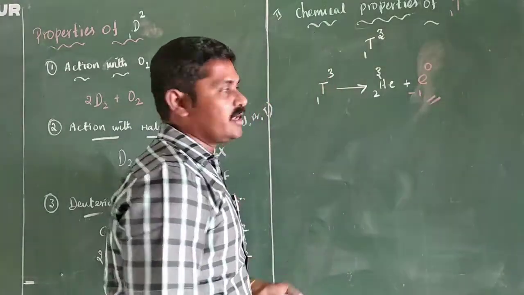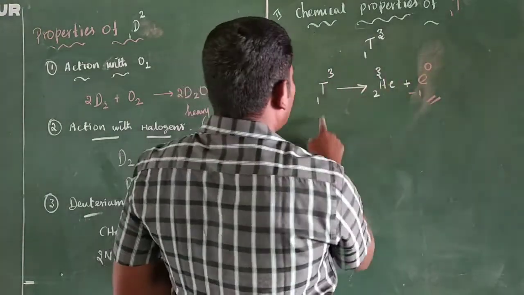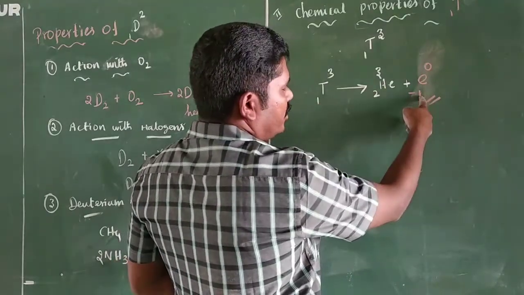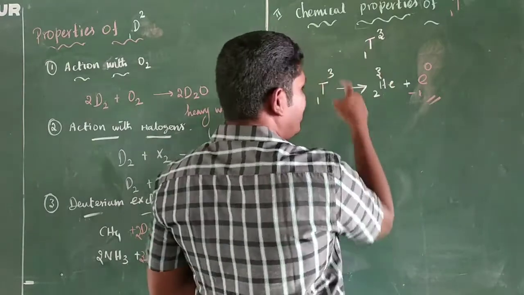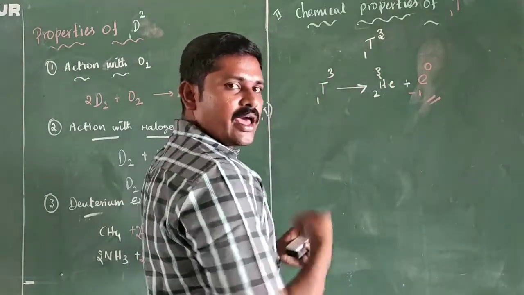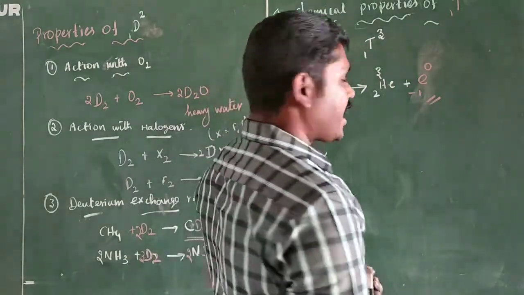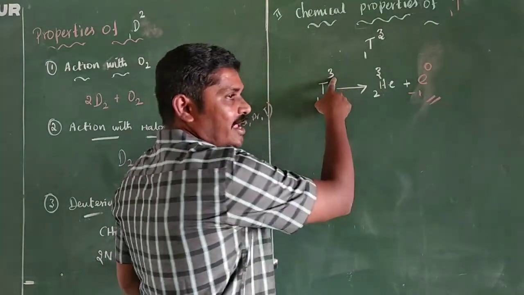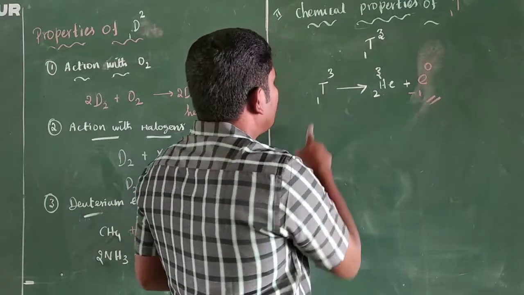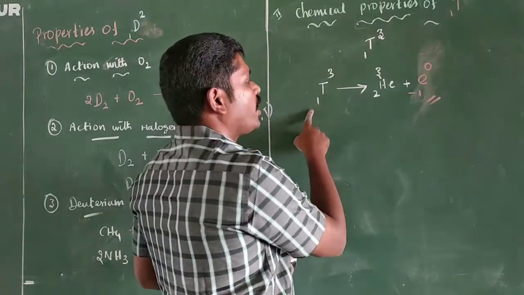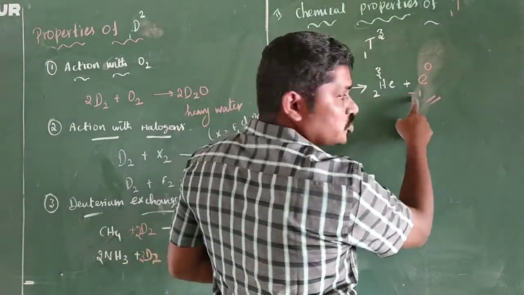You write 3 3 1, 2 minus 1 1. Both sides balance the atomic number and mass number, as in nuclear reactions. On the reactant side the mass number is 3, and the product side also 3. Reactant atomic number 1, product side 2 minus 1, 1.